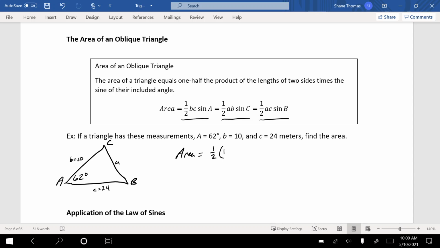My b is 10, c is 24, and then I would have the sine of 62 degrees. And then it's really simple. Punch it in the calculator, you get 106. 106 meters squared.